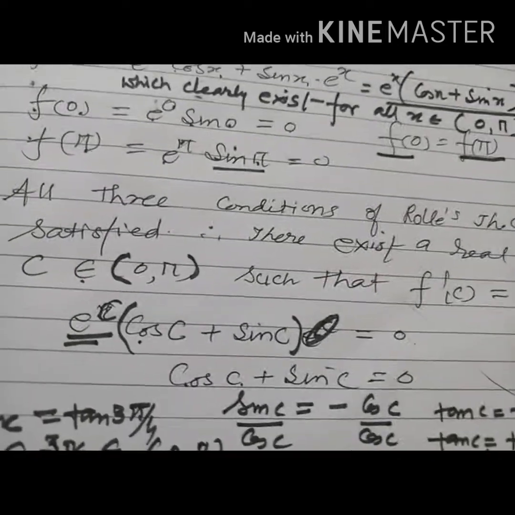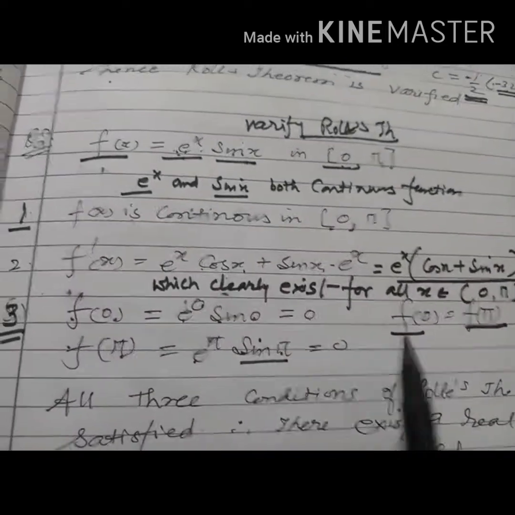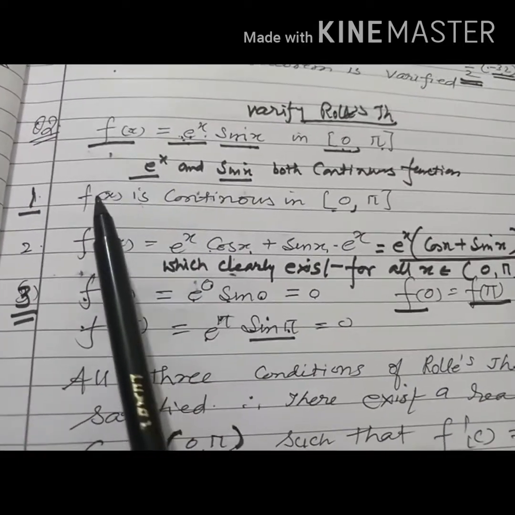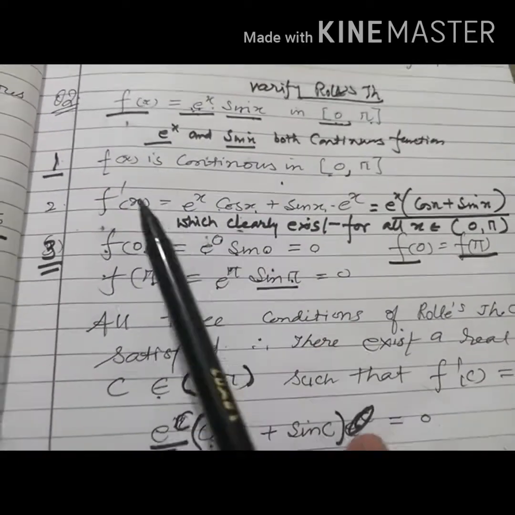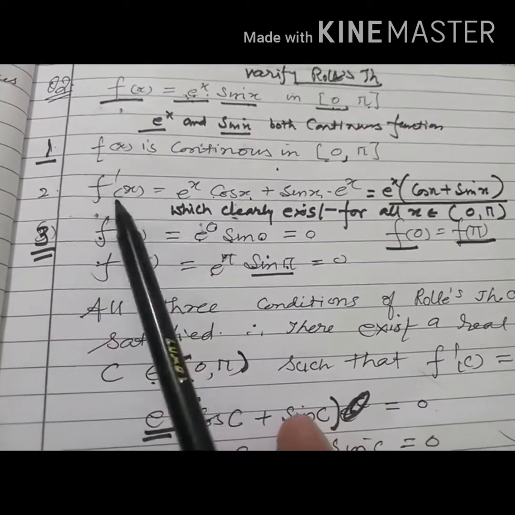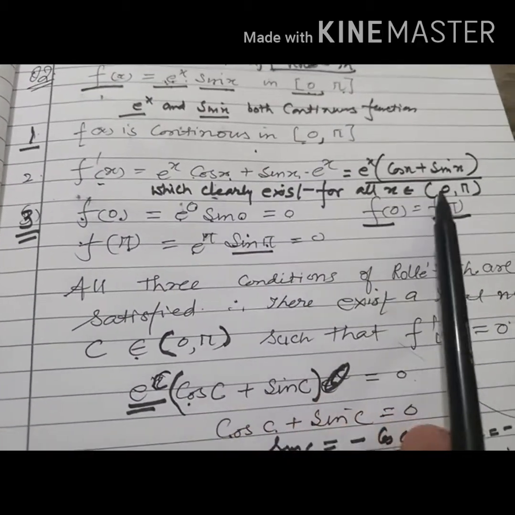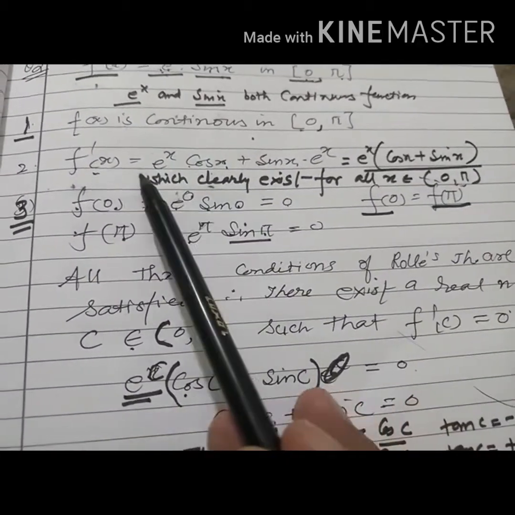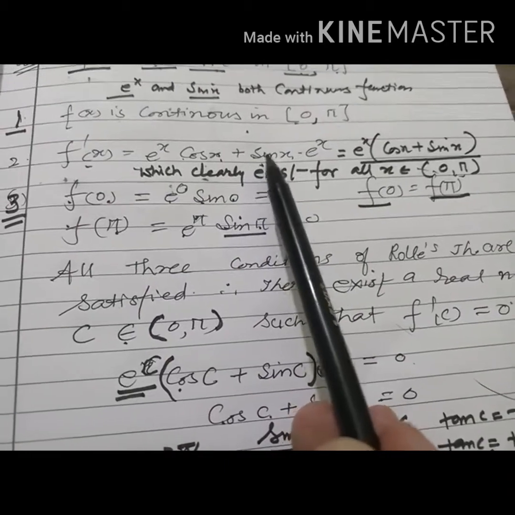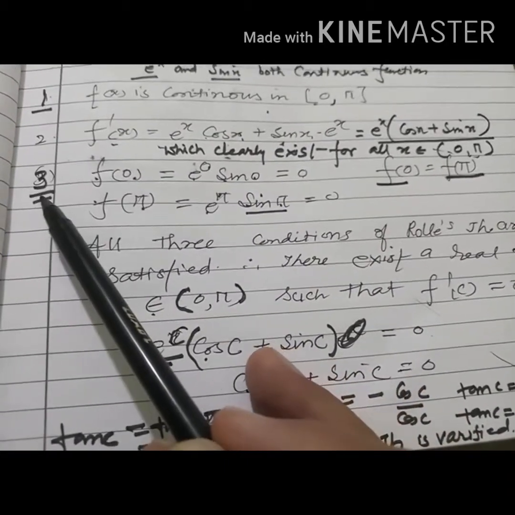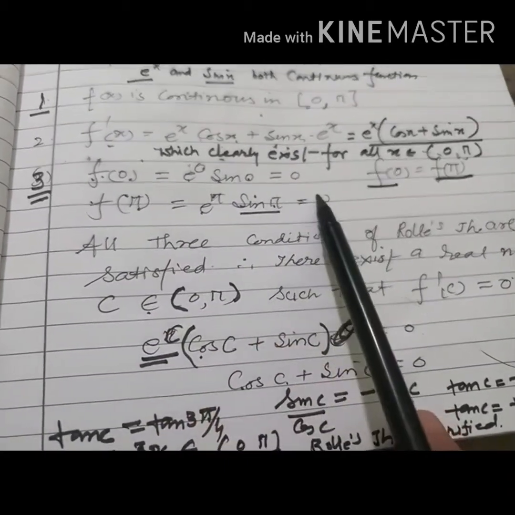So this is how, for Rolle's theorem, you need to prove the function is continuous. For differentiability, you find f dash x and check that at all points it has a unique value and the value exists. Then third is f a equals to f b, they should be equal.